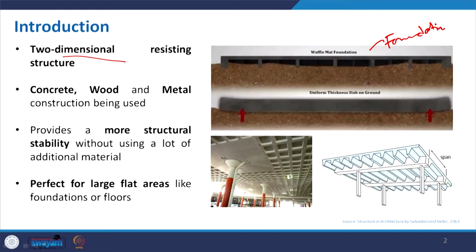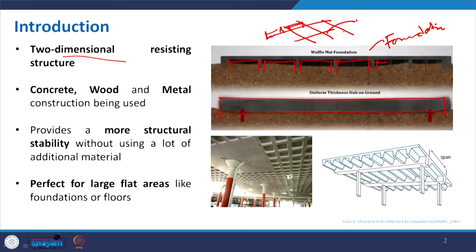For the foundation, if you look at this picture, the bottom one is a solid slab as foundation base, but here it is not a solid one but improved. It has a particular grid structure and some thickness.